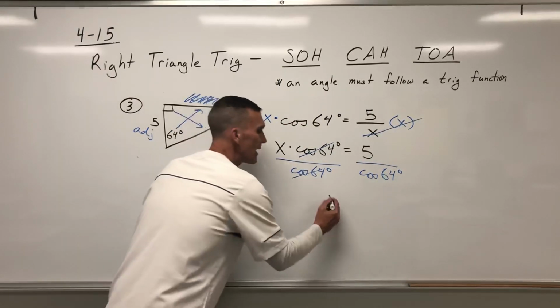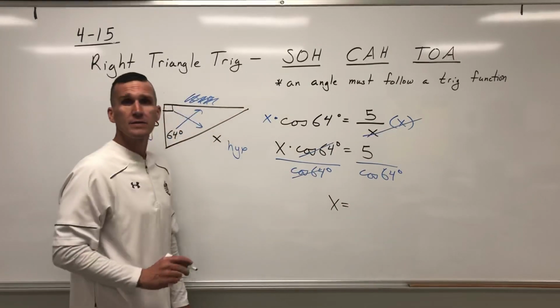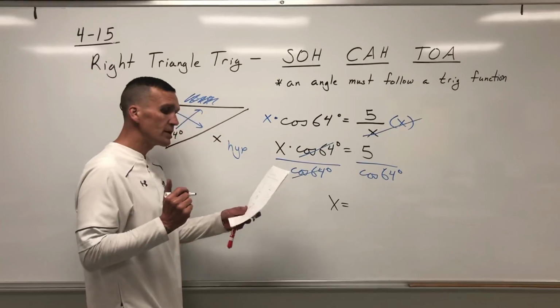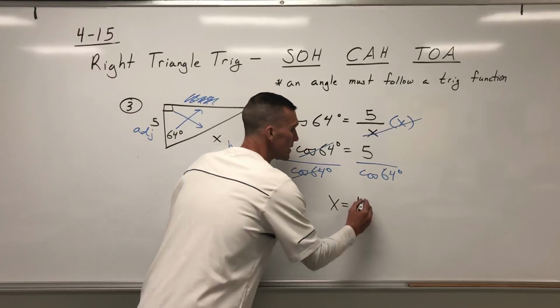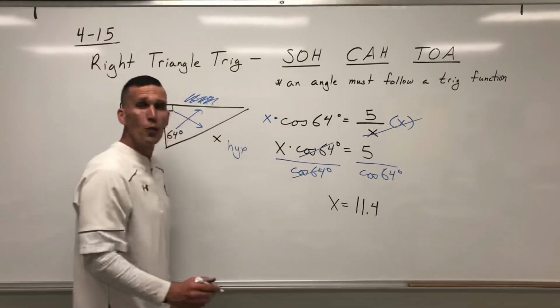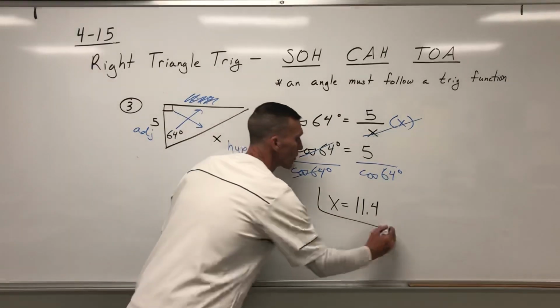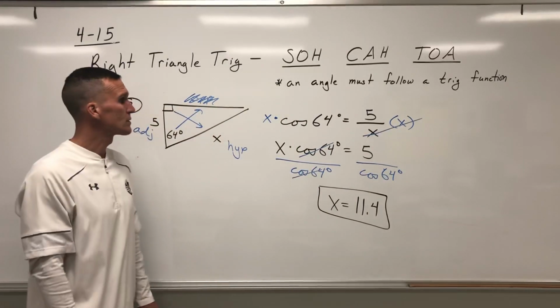So now I have x, which is isolated, and when I type in 5 divided by the cosine of 64 degrees, I get approximately 11.4 is the length of the hypotenuse.